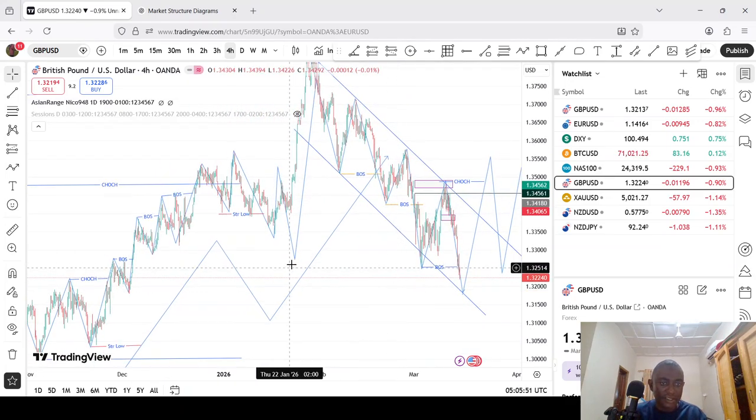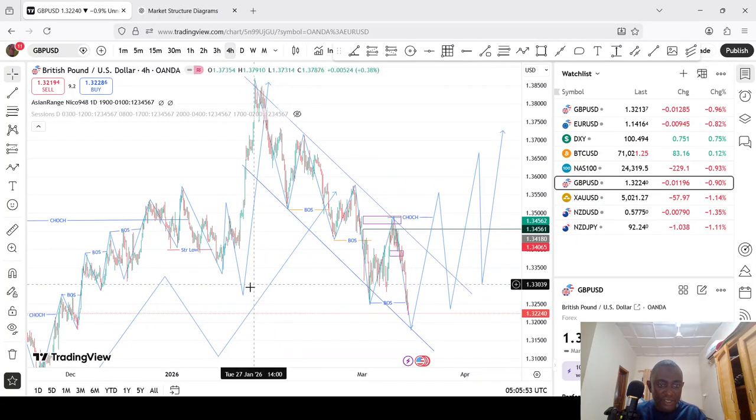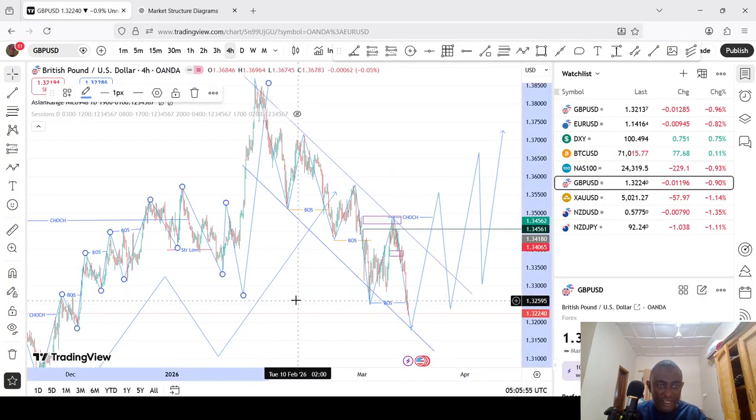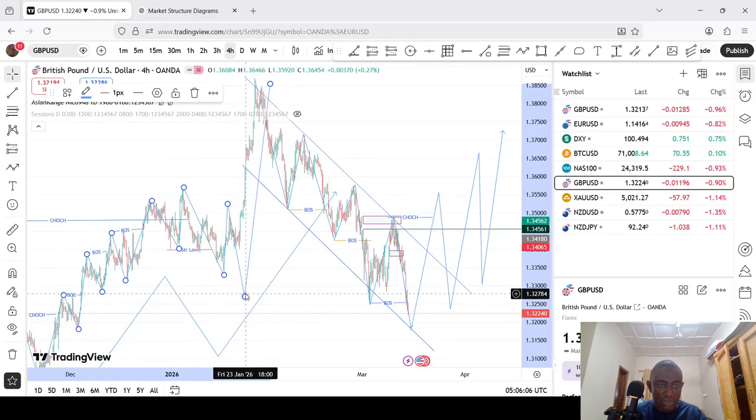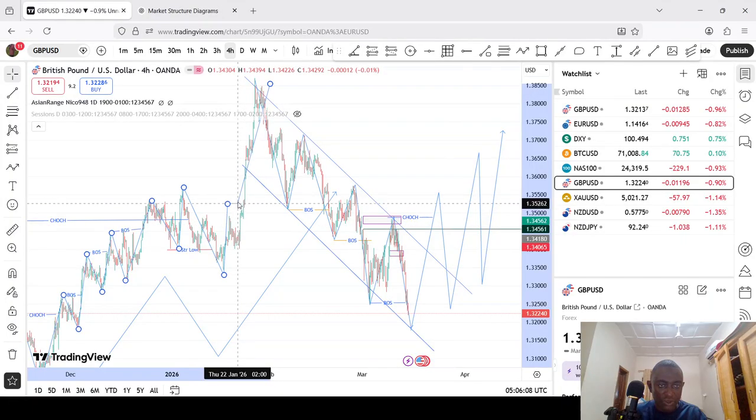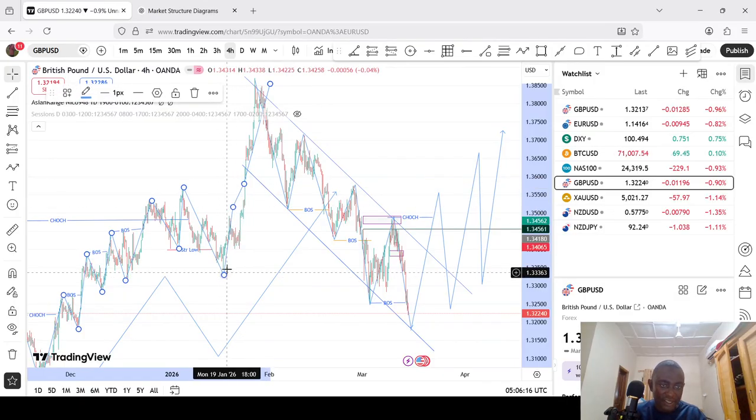It means it took this place just to break this high again. Let me draw it well, something like this. So it took this point, went above all the way to this place.